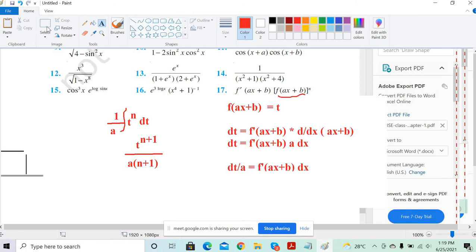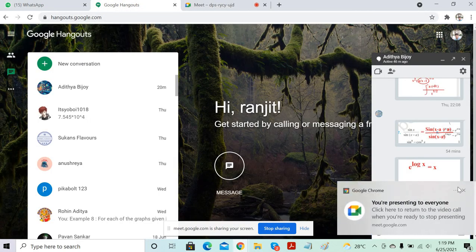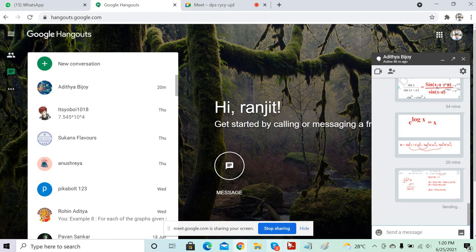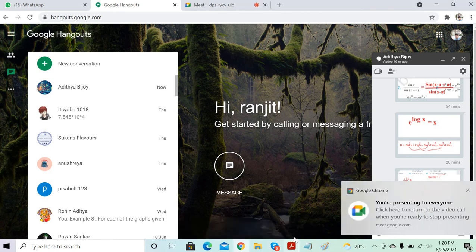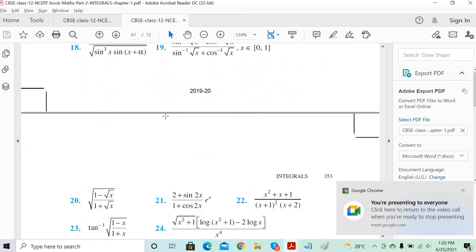Understood? So I'll just send you this part. Now let's try some questions as part of homework also. One moment, I'll send it to you. So let's do this part. Okay, so this part is clear to you now.